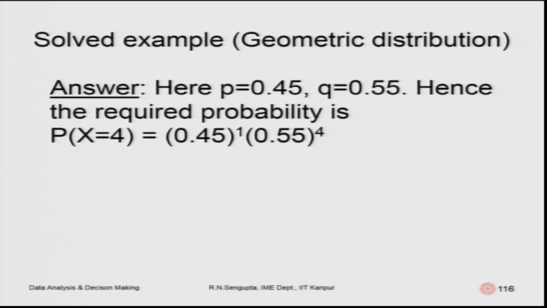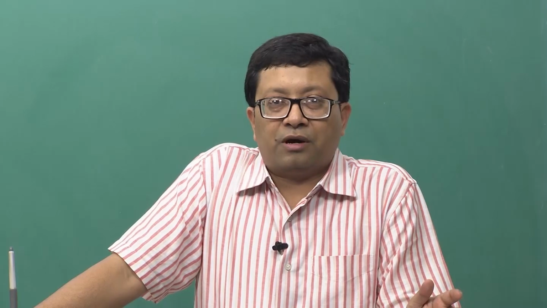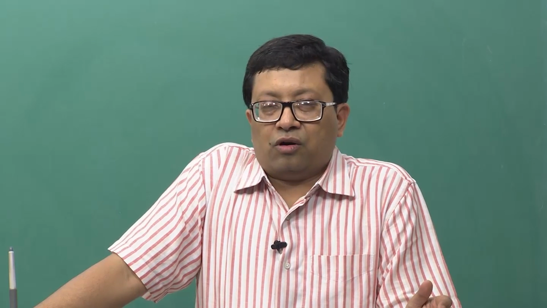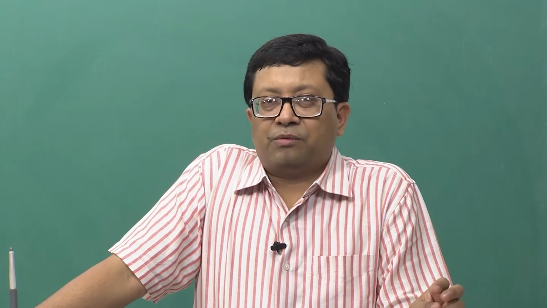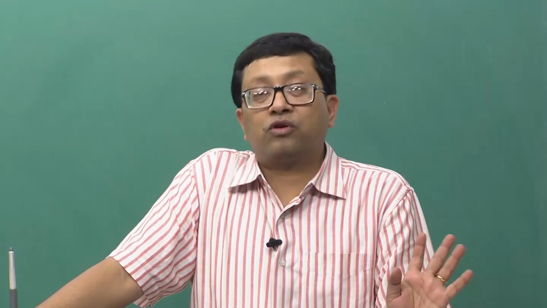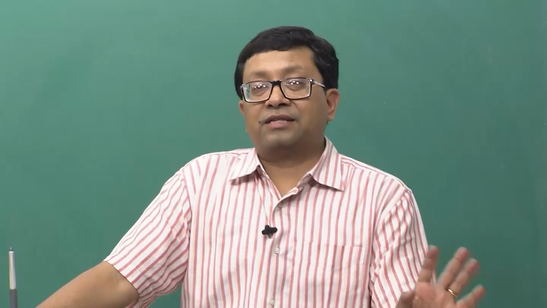The factor in front of p, which you have been using for negative binomial distribution as r plus x minus 1 c r minus 1 or r plus x minus 1 c x, would obviously be 1. So, you will have 0.45 to the power 1, and for Pepsodent, it will be 0.55 to the power 4, as x is 4.